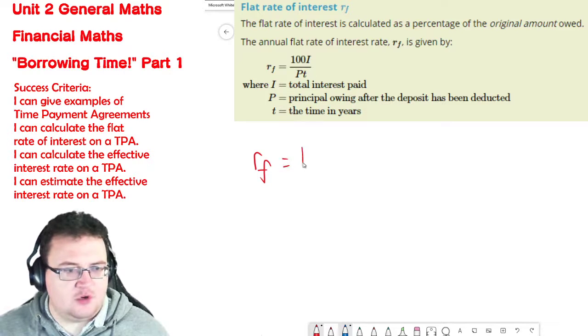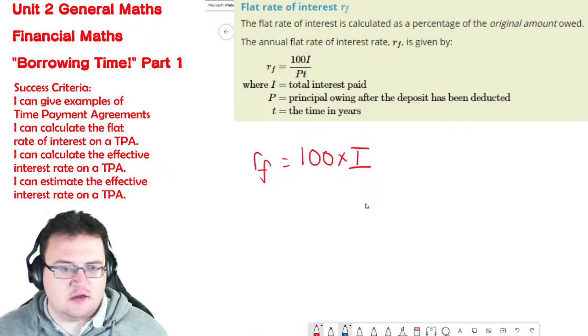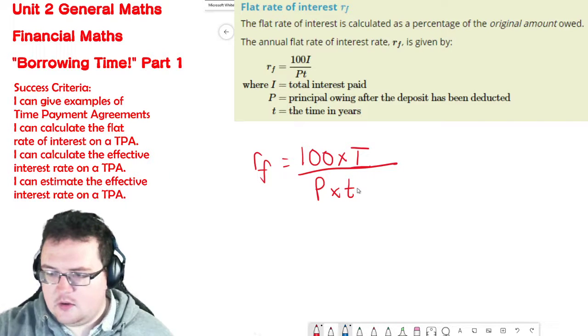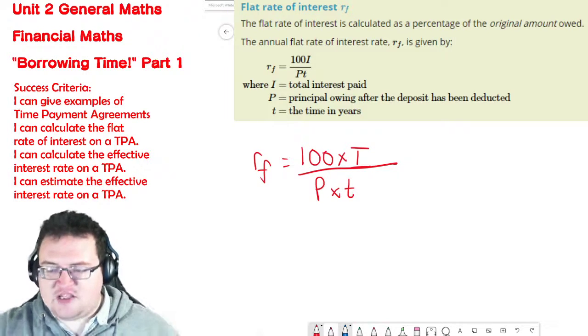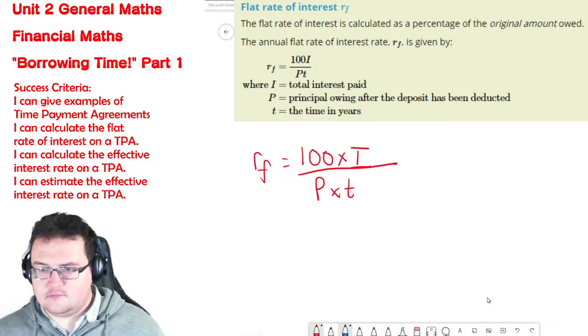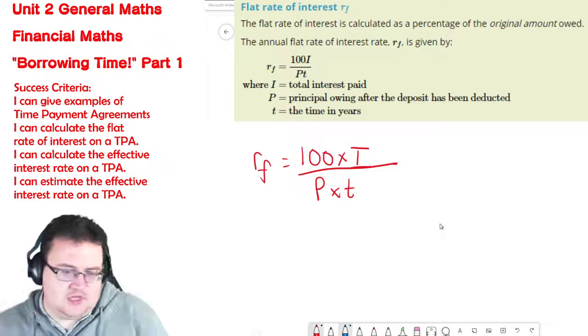RF is equal to 100 times I, which is the interest paid, divided by the principal times the time. So 12 months, how many years is that? That's 1 year.